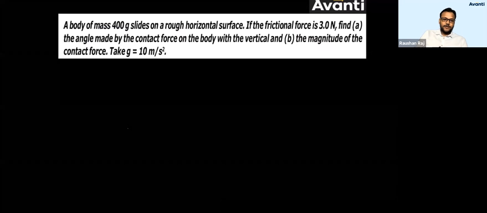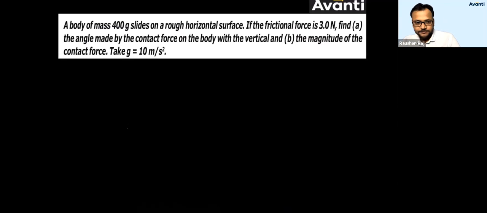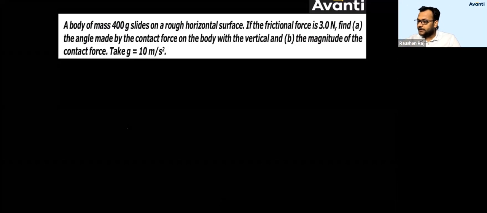Is also saying the same answer, 37 degrees and 5 Newton. 37 degree with the vertical and 5 Newton resultant. Okay. Yes, he is also saying 37 and 5. Muhammad Rayan is saying 37 and 5. Matlab easy question hai, right?